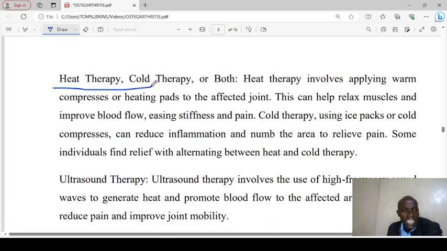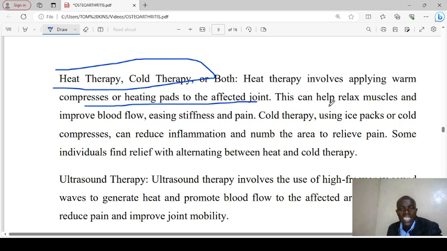We also have the heat or cold or both therapy. We can use heat, cold or both. Heat therapy involves applying warm compresses or heating pads to the affected joint. This can help relax muscles and improve blood flow, easing stiffness and pain.